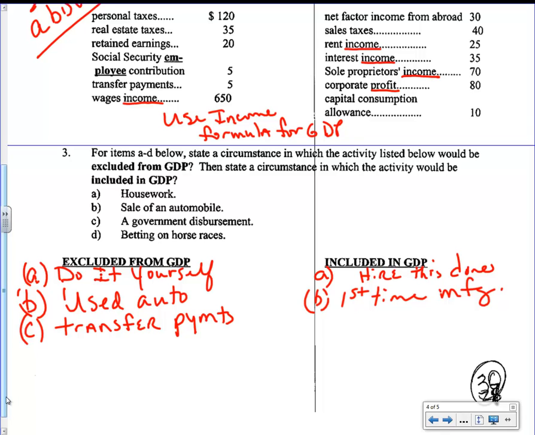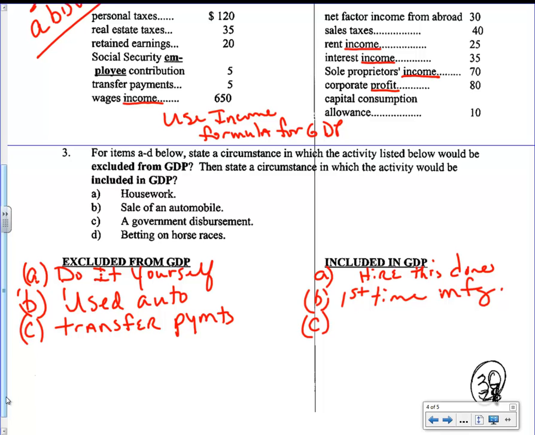If you receive unemployment compensation, that is a transfer payment. If you receive women, infant, children expenditures, that is a transfer payment. If you receive legal aid, if you receive health care, these are all transfer payments and they are not included in the gross domestic product. They're added back to arrive at personal income.